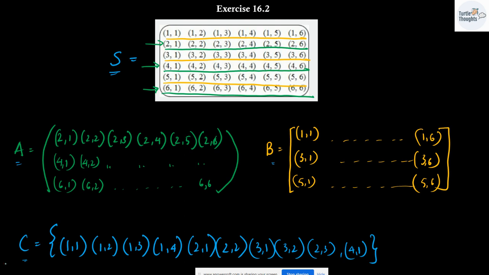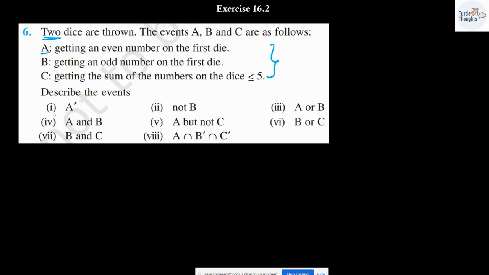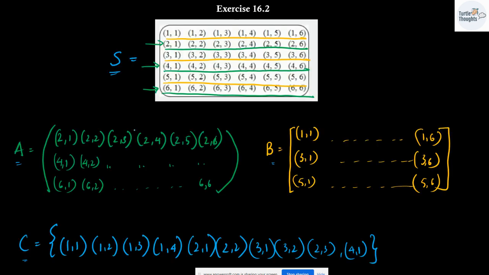Now, coming to the questions. First one is A complement. So what is A complement? A complement is all the elements which are in S but which are not there in A. Can I tell that all the elements which are in B is not there in A?